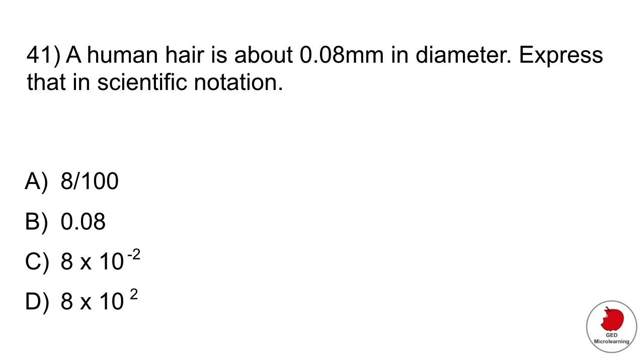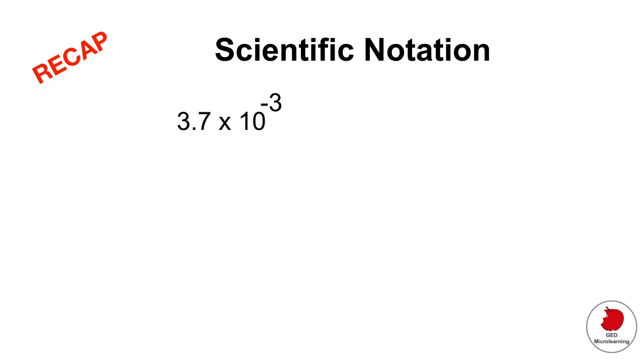Okay, so this next set of questions deals with scientific notation. It says a human hair is about 0.08 millimeters in diameter. Express that in scientific notation. So let's quickly recap what scientific notation is and what it tells us. Whenever you have an exponent like that, it is telling you two pieces of information.